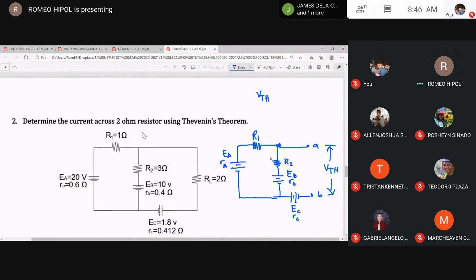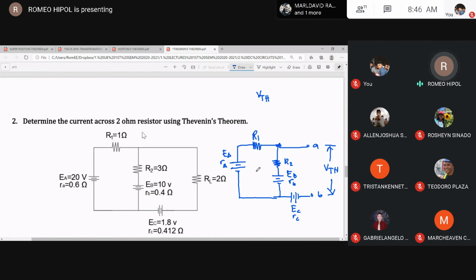So again, ulitin natin ha. The current will flow at a closed loop only. So meaning, there will be a current flowing at this loop, but on this open loop, wala tayong current na magsisirculate. Naintindihan? So therefore, before we apply the KVL to get the VTH, we need to calculate the current flowing at resistor R2 or either R1, where we can get the value for the Thevenin's voltage.